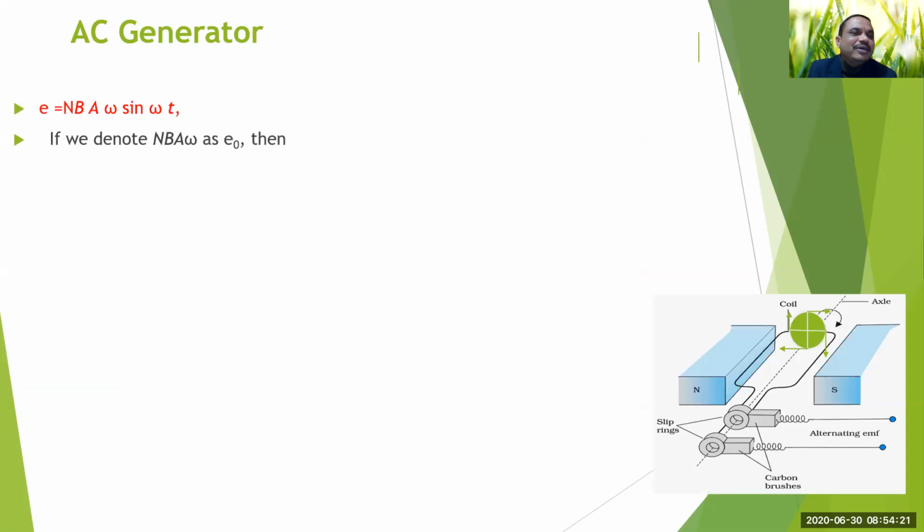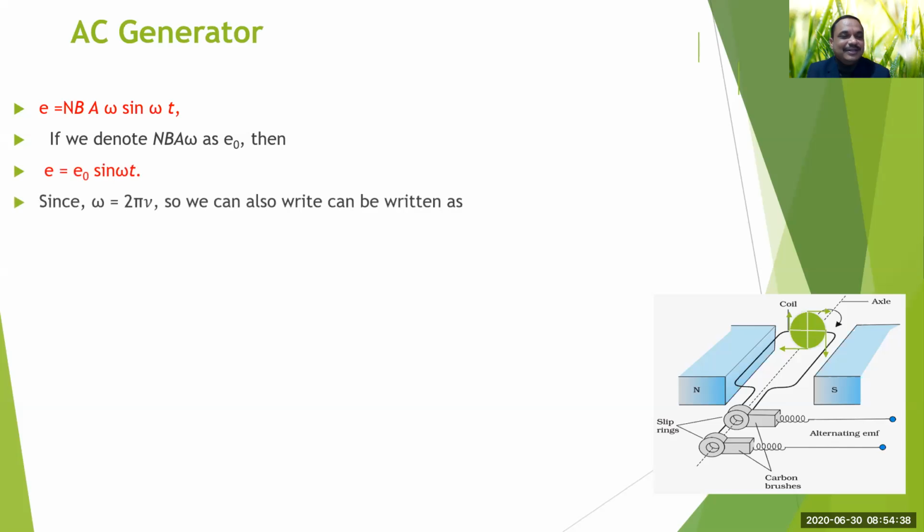If we denote NBA omega as the maximum EMF, that is E0, then E is equal to E0 sine omega t. So here the induced EMF is not constant but varies with a sine function. So it is called a sinusoidal function. But omega is equal to 2 pi nu, where nu is the frequency of rotation of the coil.